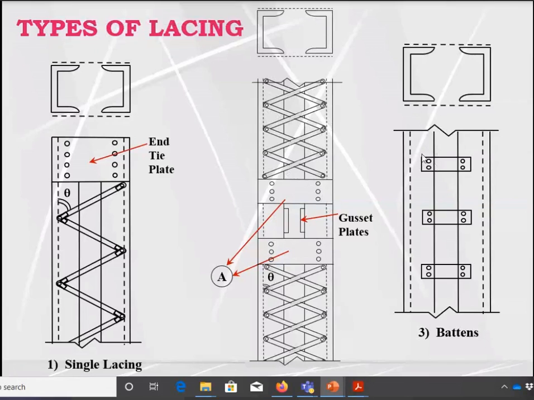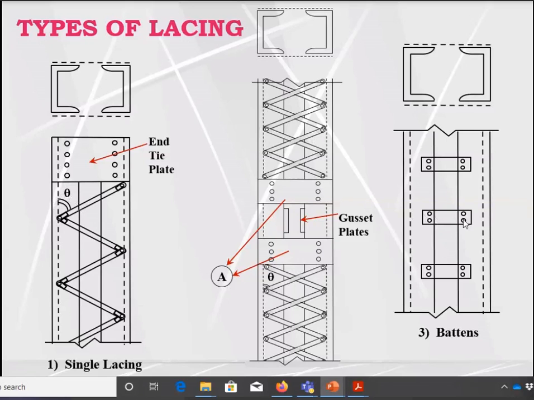And we also have another technique. In this technique, both sections are also connected with the help of steel plate, but in this case the steel plate is provided in the transversal direction. The angle is given with reference to the longitudinal axis.